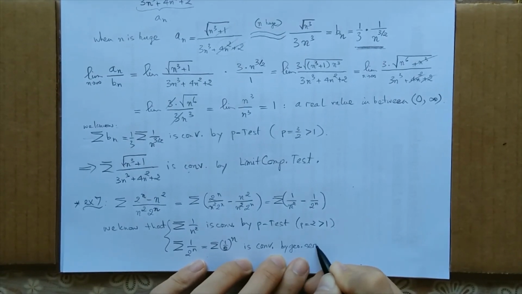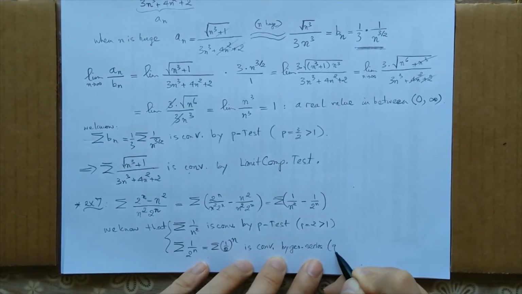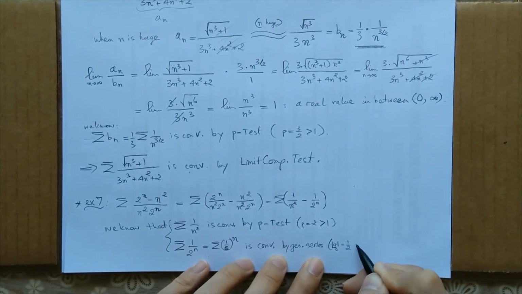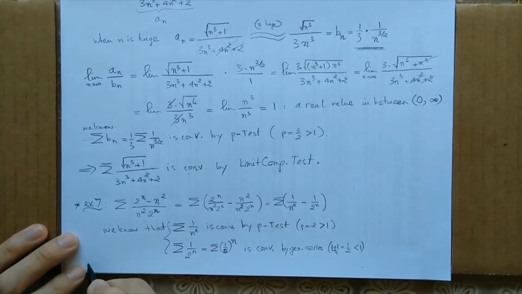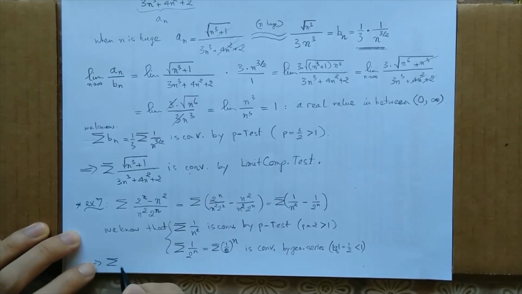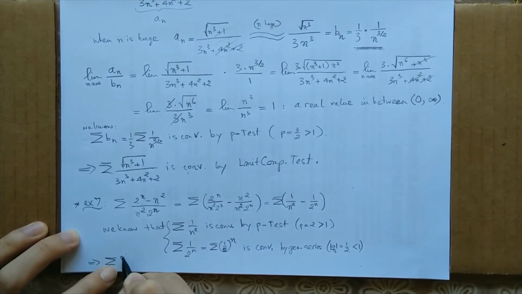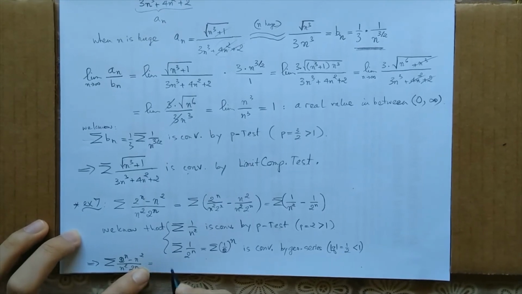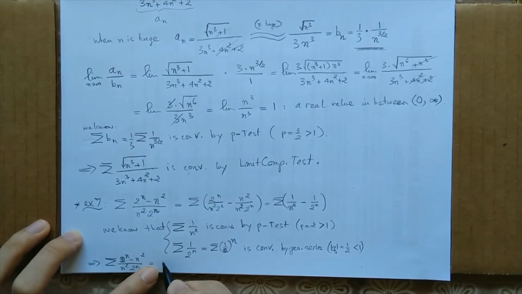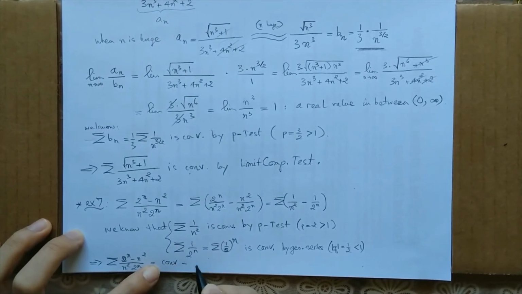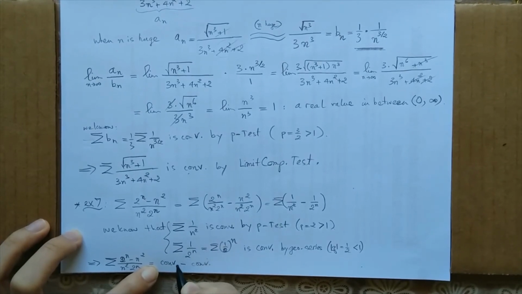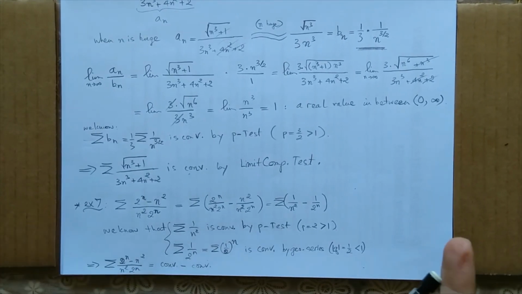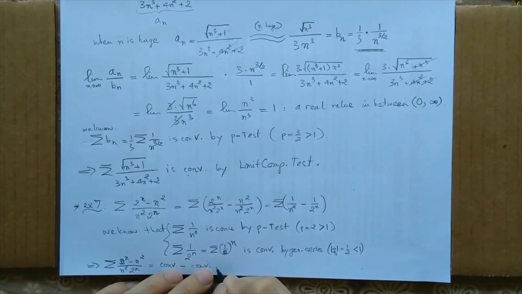Geometric series with q equals 1/2 less than 1. So this implies that 2 to the n minus n squared over n squared 2 to the n is going to be the difference of the two convergent series. A convergent one minus a convergent one. So that is going to be convergent.